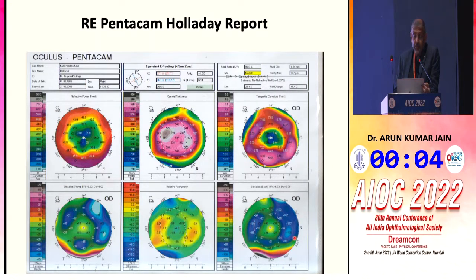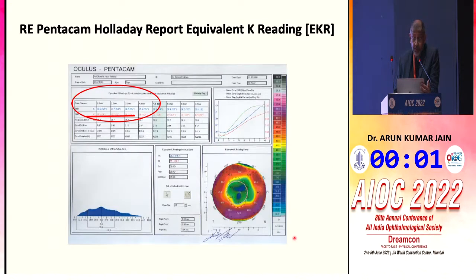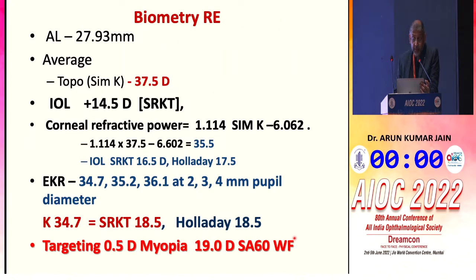And this is the Pentacam Holladay report of this patient, and you can see the EKR value. Taking into account the EKR value and calculating the IOL power using the SimK, we could have chosen this lens, because SimKs were higher, but EKR values are lesser because there is a fallacy in calculation of SimK.